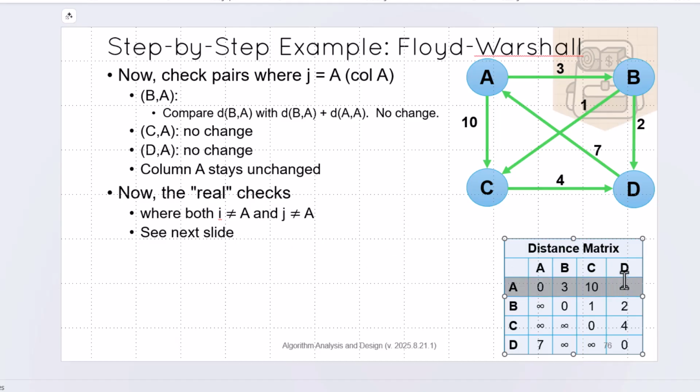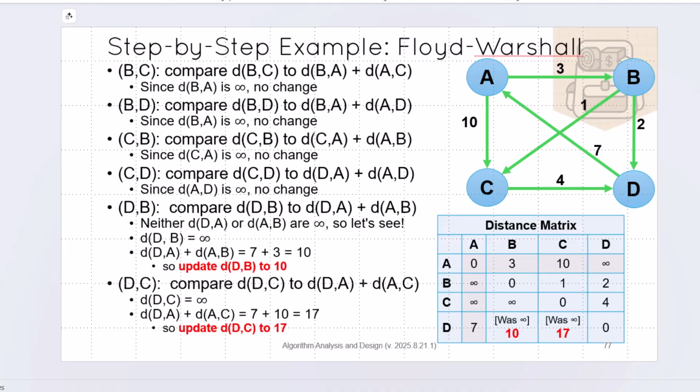So now we can focus in on the, quote, real checks, where both i and j, meaning neither the row nor the column, are A themselves, okay? But we will go through A, starting from B or C or D. So BC, if I want to go from B to C, I compare D at BC to D at BA plus D at AC.